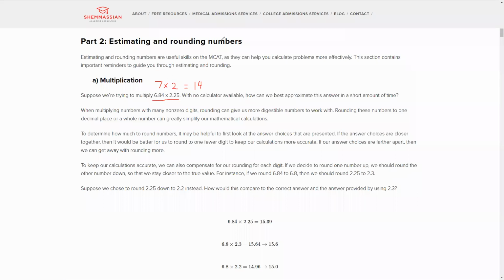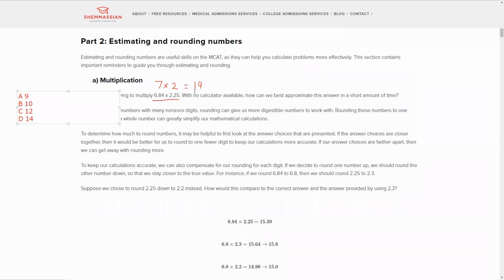Whether it's okay depends on what the answer choices are. If the answer choices were A, B, C, and D, and they were 9, 10, 12, 14, then this is okay to do because there's really only one choice that could be possible.